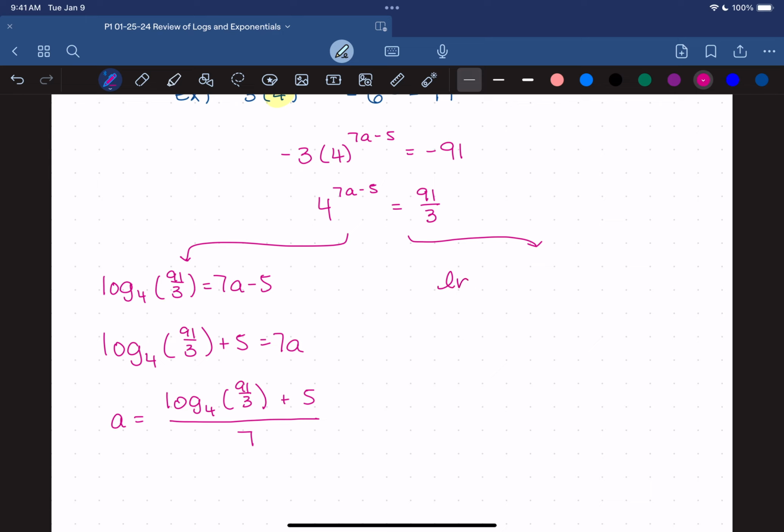I'm going to take the natural log of 4 to the power of 7a minus 5 equals natural log of 91/3. Now I can use the power property. This exponent is on the entire argument. So the power property says I can move it out in front.